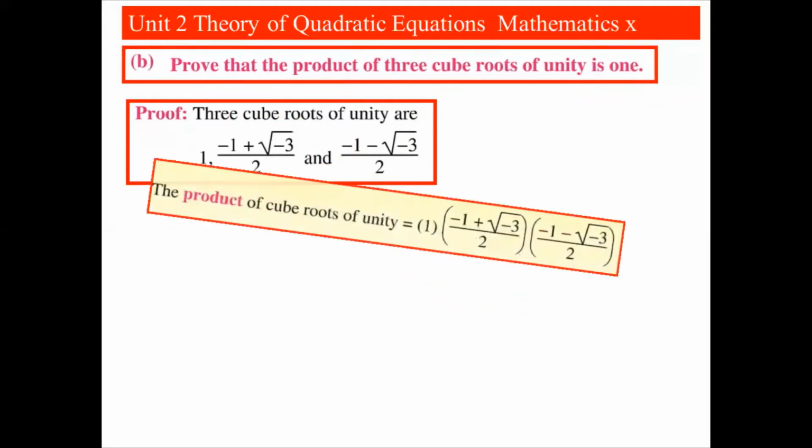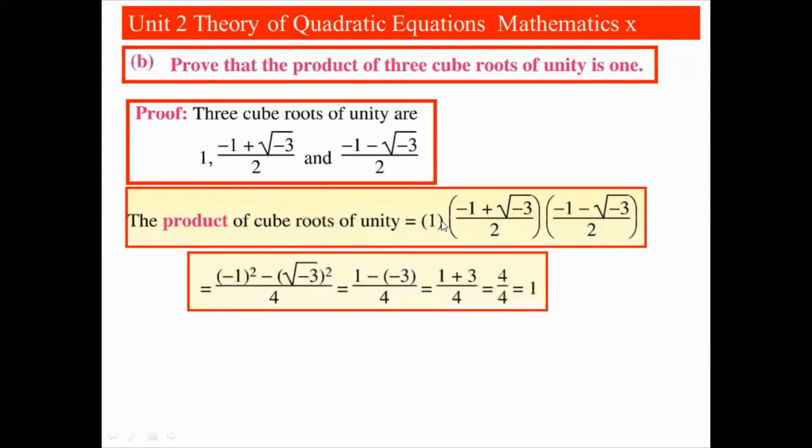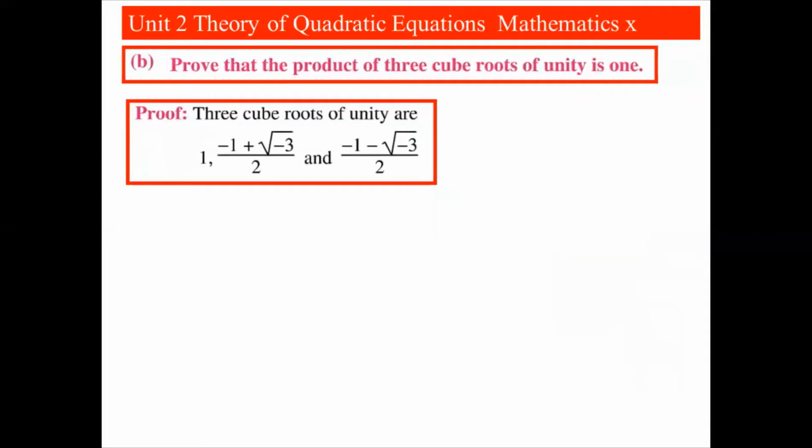So when we take the product of these roots, we have this form. When we multiply this with this one, we have minus 1 plus square root of minus 3 divided by 2, and this is minus 1 minus square root of minus 3. Sorry.